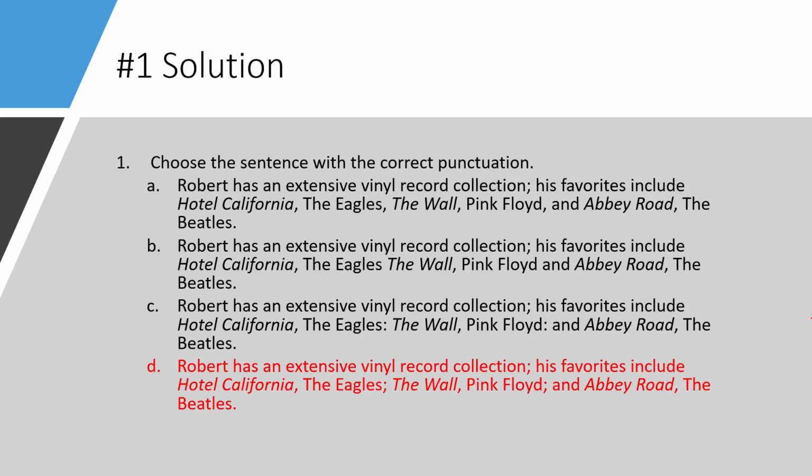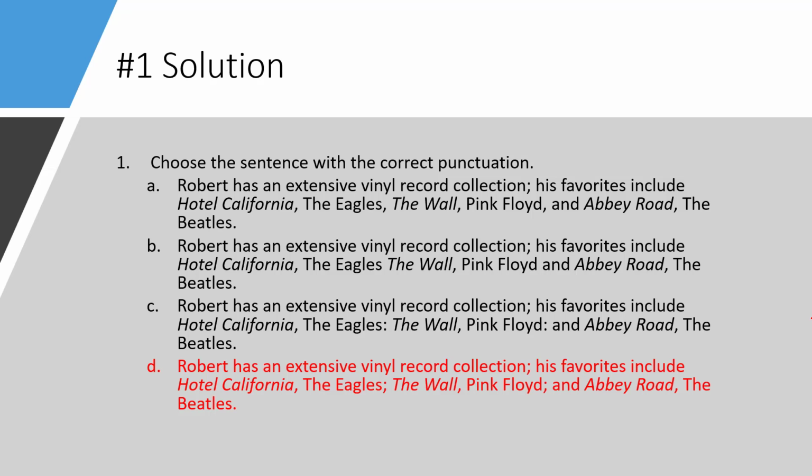If you selected D, you are correct. D is correct because you have 3 items in Robert's collection that already have a comma between them. The list includes the album title and the artist.